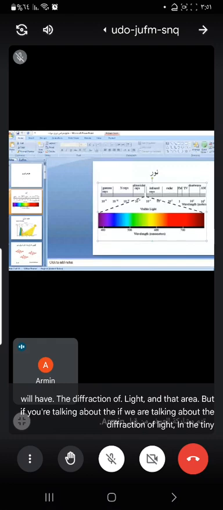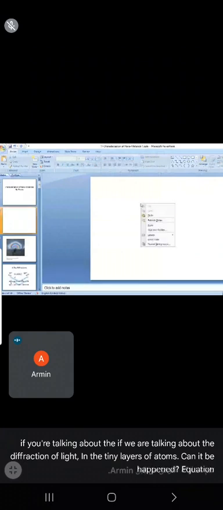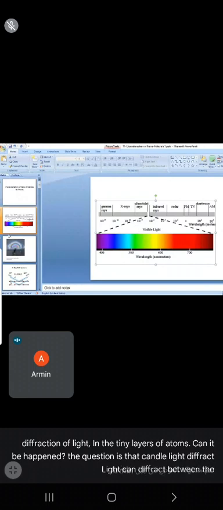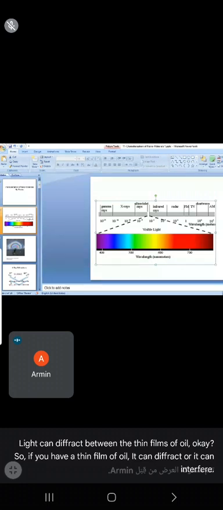But if we are talking about the diffraction of light in the tiny layers of atoms, can it happen? The question is, can the light diffract? Light can diffract between the thin films of oil. Okay, so if you have a thin film of oil, it can diffract or it can interfere different angles of light.